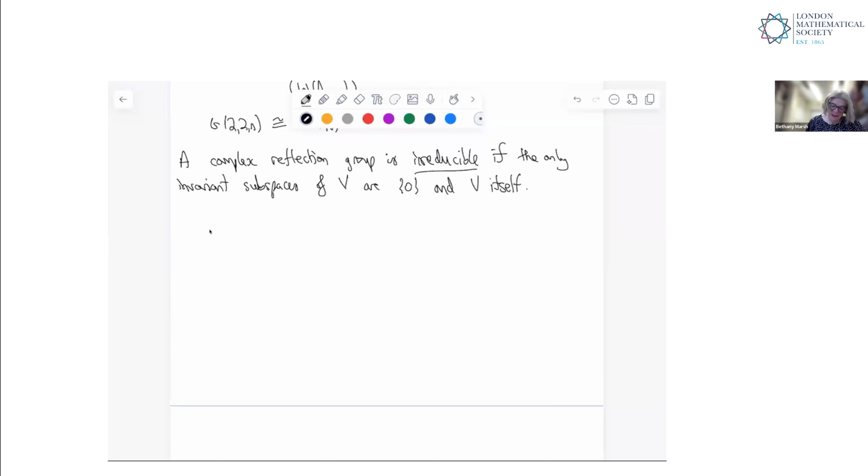And as in the real case, there's a lot of interest in classifying these kinds of situations. And in fact, that has been done. It was done by Shephard and Todd in 1954. So the finite ones have been classified.